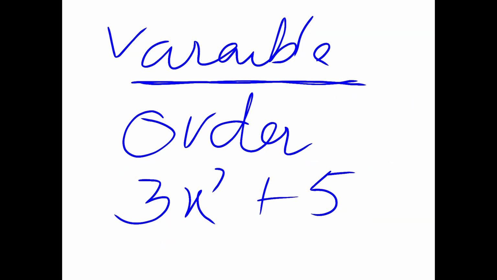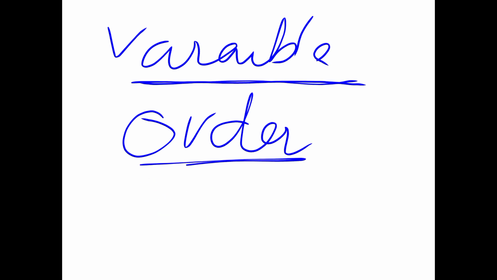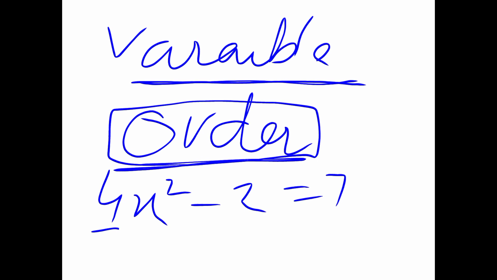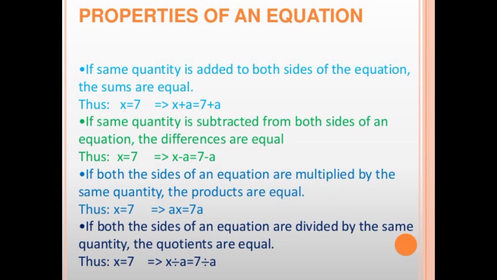Now another thing: what is this order? Let's try to understand what the order of an equation is. Say, for example, this is an equation: 4x square minus 2 is equal to 7. Then another equation: 3y cube minus 1 is equal to 0.